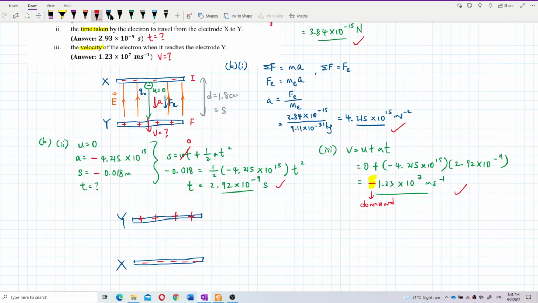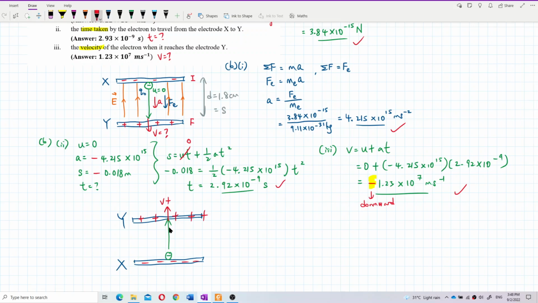If the electron starts from electrode X at the bottom and goes to Y, then because the electron is attracted to the positive plate, the final velocity is upward, positive.